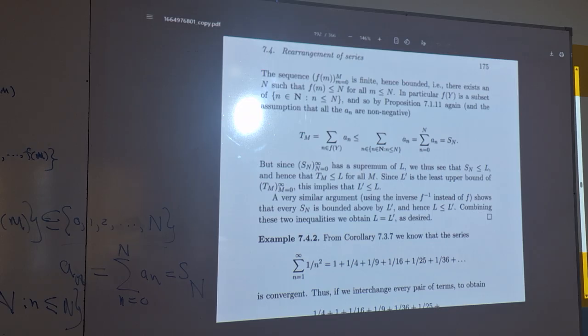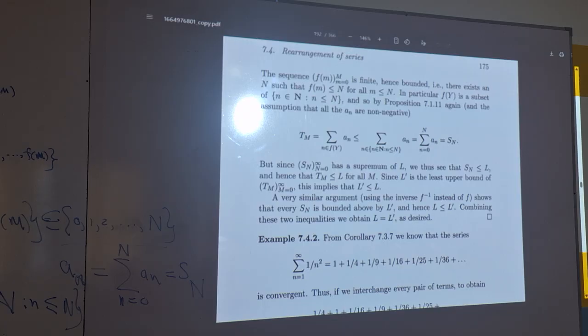Anyway, so now I have a question. Here he said A n is a convergent series of non-negative real numbers. Where did we use that? Here, however, he says by proposition 7.1.11 again, and the assumption that all the An are non-negative, we use that in this Tm equals sign.